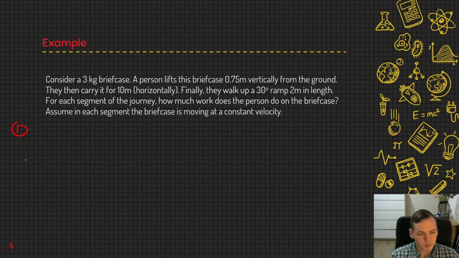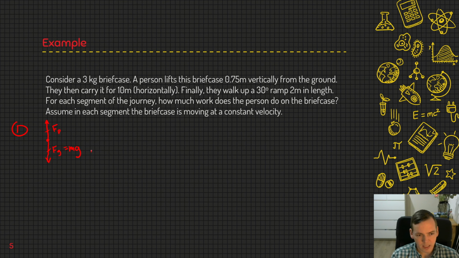So in the first part, while the person's lifting the briefcase, we know that they have to be counteracting the gravitational force. So the force of the person is equal to the force of gravity, because it's moving at a constant velocity as it's being lifted. So the force of the person is equal to the force of gravity, which is the mass of the briefcase times g.